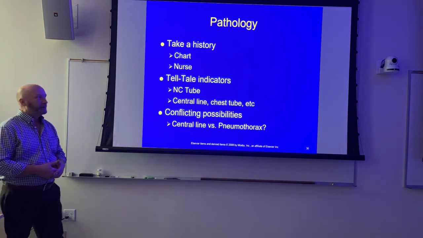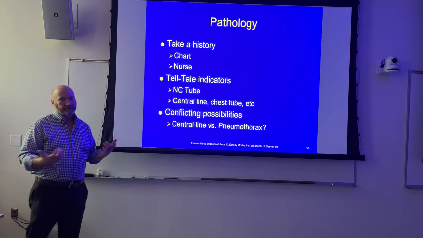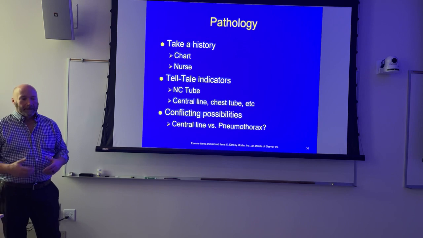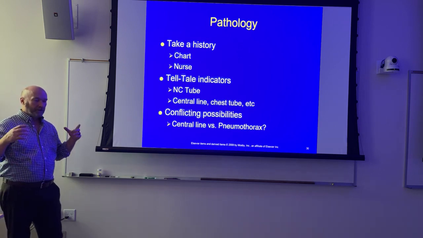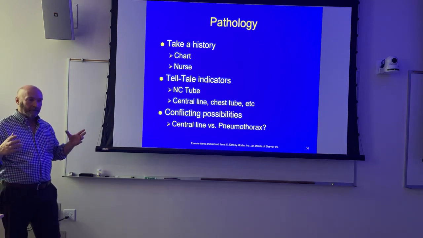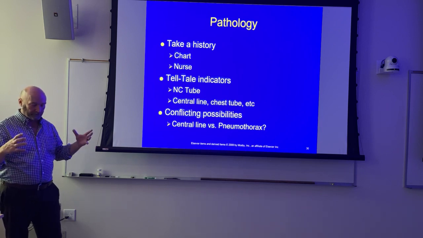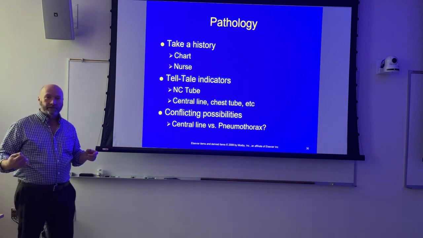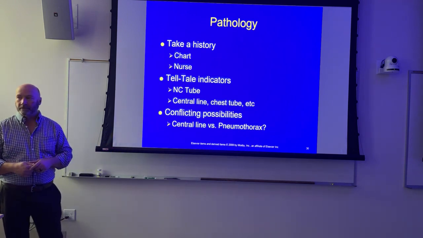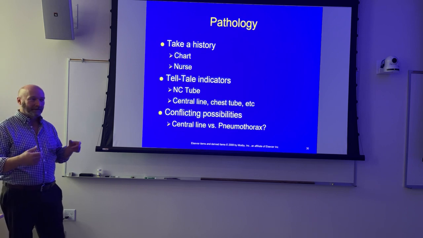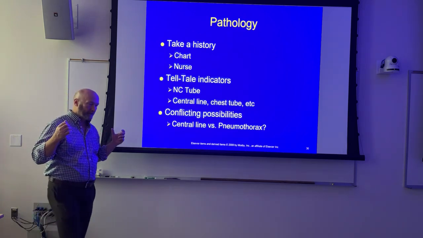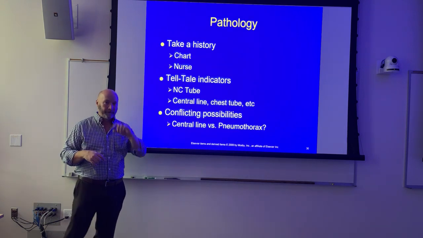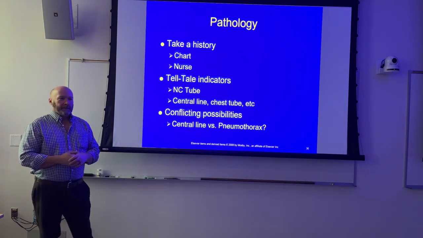So observation is one, but also check the chart, ask the nurse, anybody who's around. You walk into a room and there's a bedside table with a sterile tray on it, and that tray has guide wires in it, and the guide wires have blood on them, with a needle. Does that sound like any kind of kit they would use to put an NG tube into the patient?